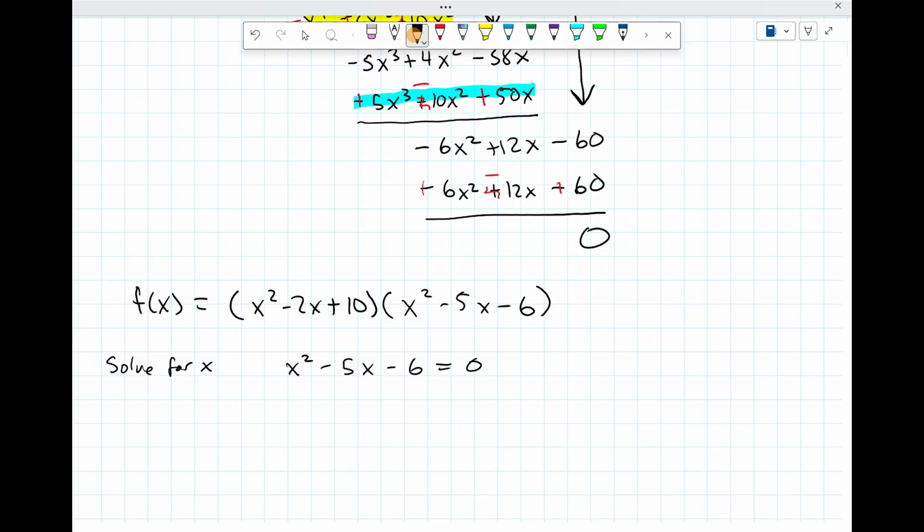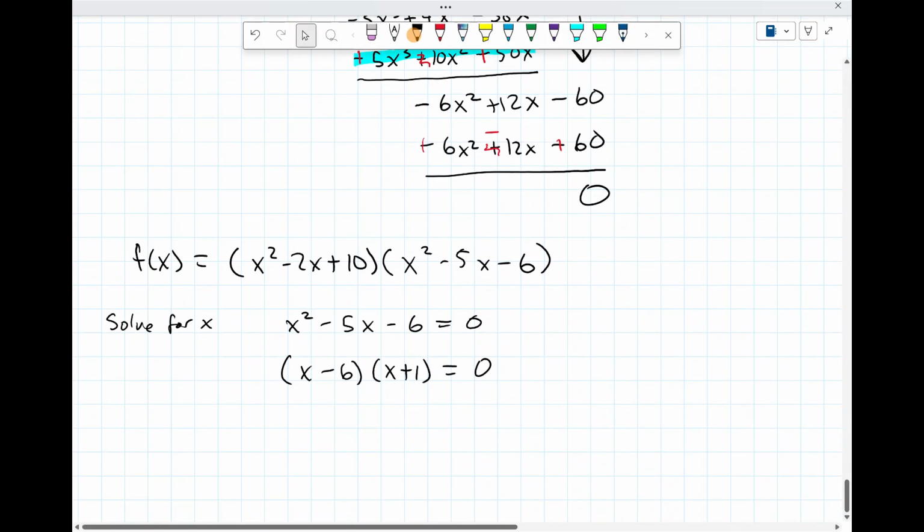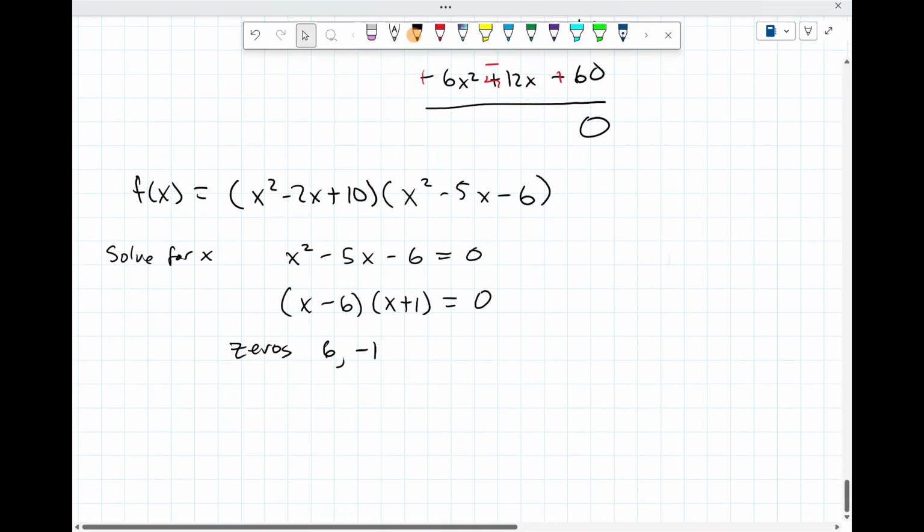And in this case, I'm going to see, can I think of two numbers that multiply to get negative 6 and add to get negative 5? I can. It would be x minus 6 and x plus 1. And so I can factor this out, which means that my zeros are positive 6 and negative 1.